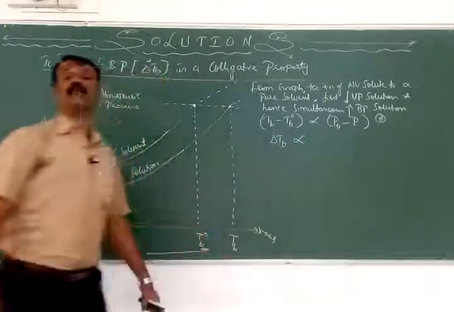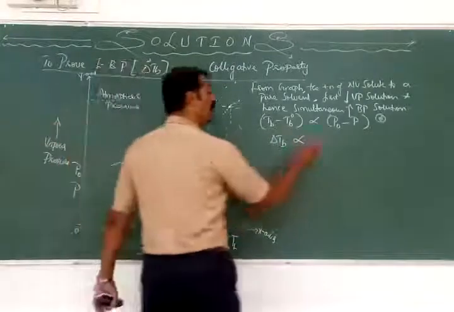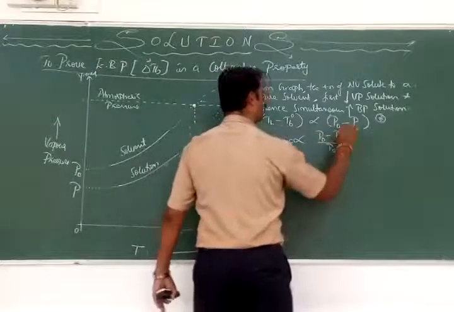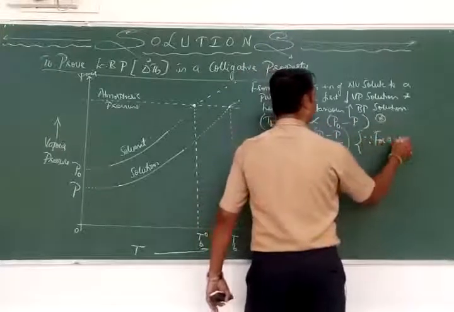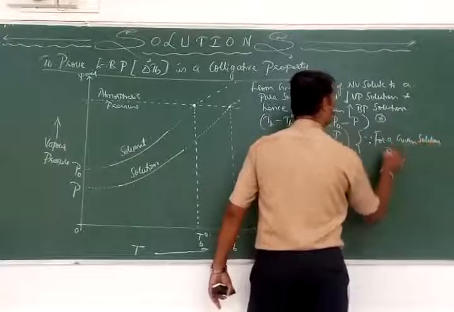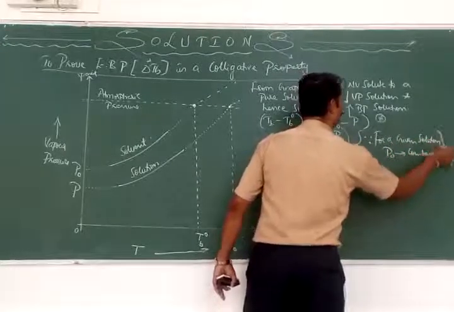Delta TB is proportional to P naught minus P divided by P naught, because for a given solution, P naught is always constant. Why?